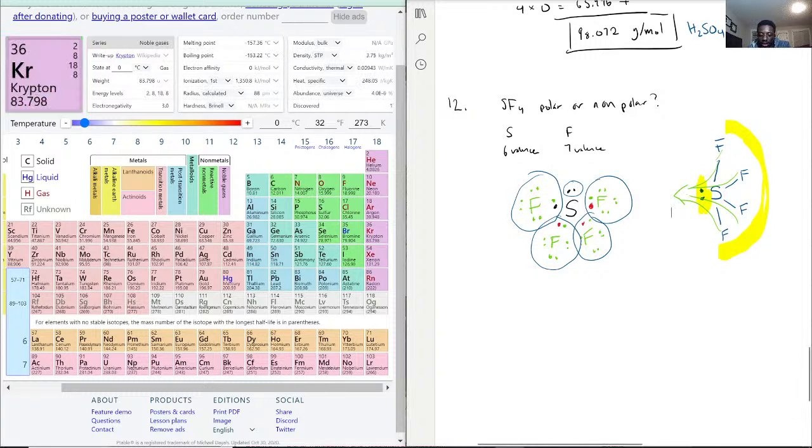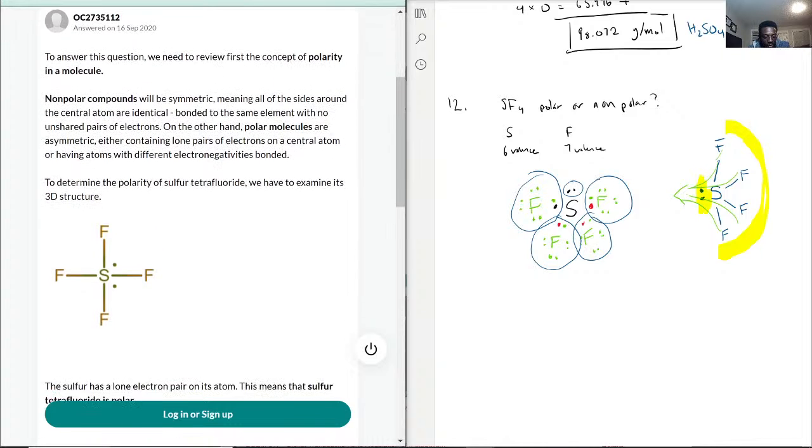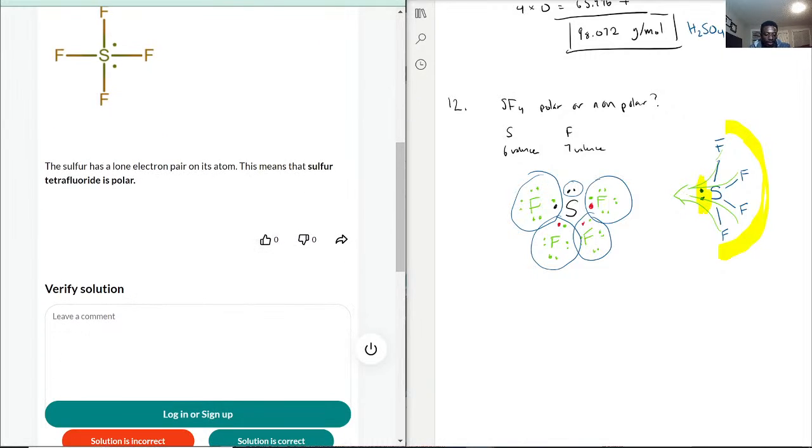So the answer is that this would be polar because there's no balancing out of this. There's always going to be a directionality towards a lone pair. It has a 3D structure, and because it has a lone pair, it's polar.